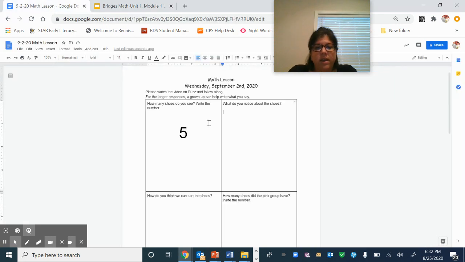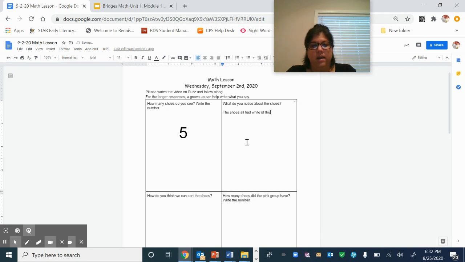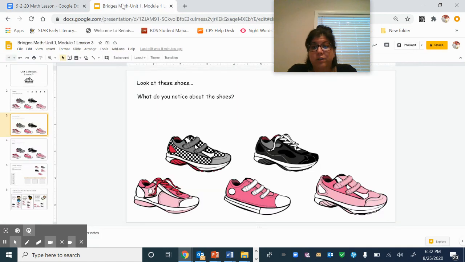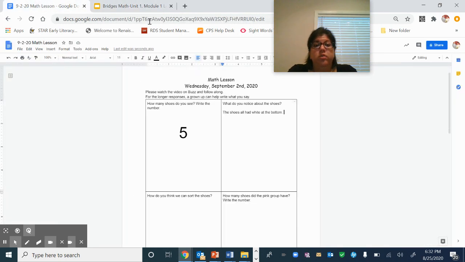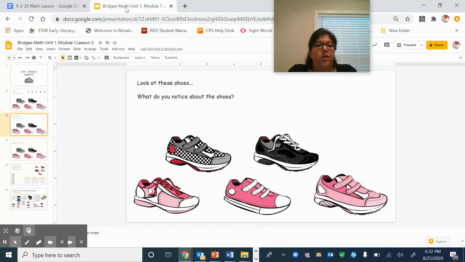So in my page over here, I'm going to put the shoes all had white at the bottom. Okay, so that's what Mrs. Sassman noticed, but you don't have to have that answer. You could have noticed something different, and that's okay. Okay, so you put whatever you noticed in your box. Okay, all right, let's go on.